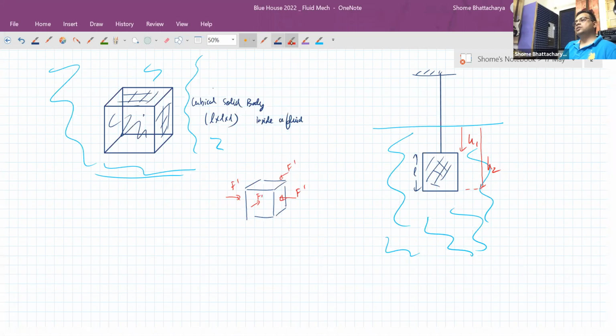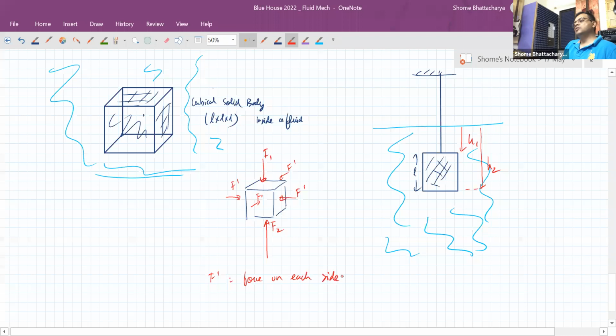But the forces experienced by this surface from above, let's say F1, and this surface from below, will not cancel each other. F prime is the force on each side wall of the cube due to hydrostatic pressure, so in pairs, the four F primes cancel each other.